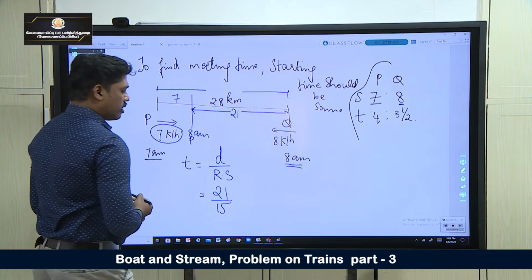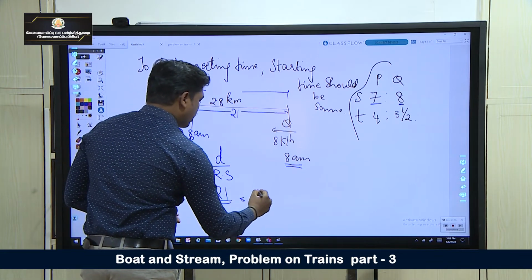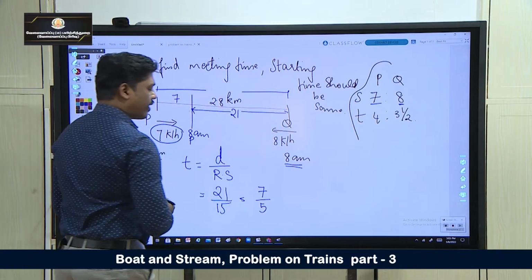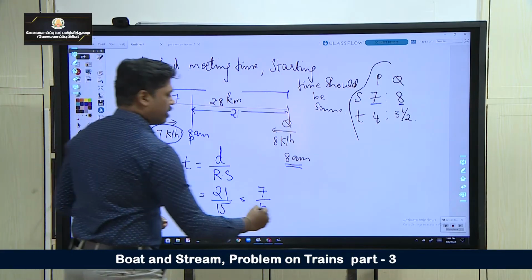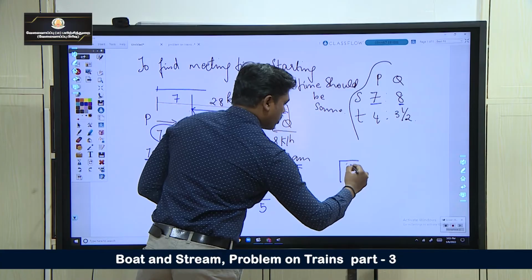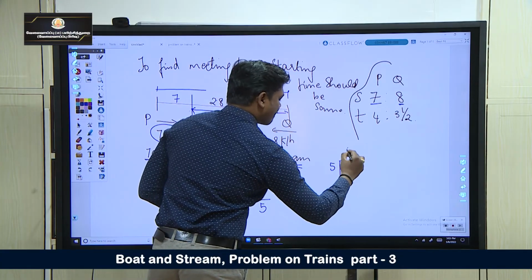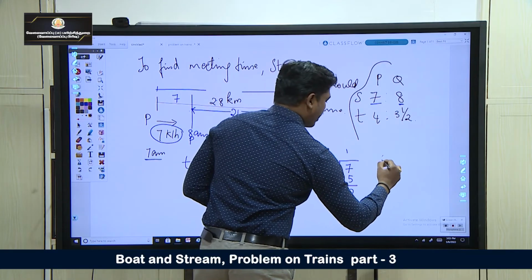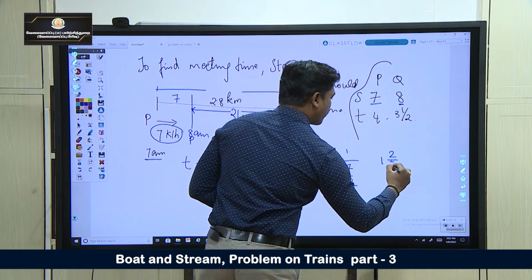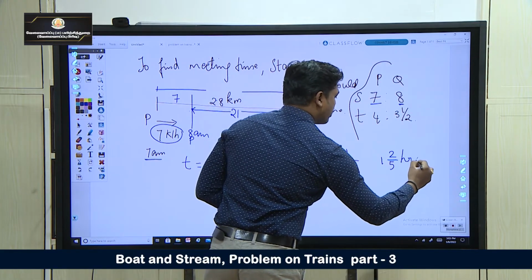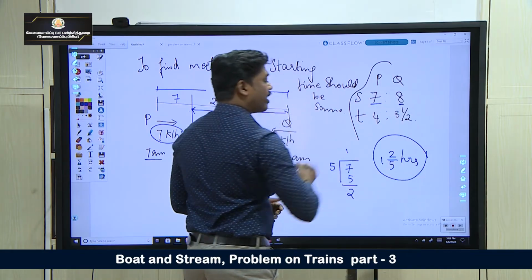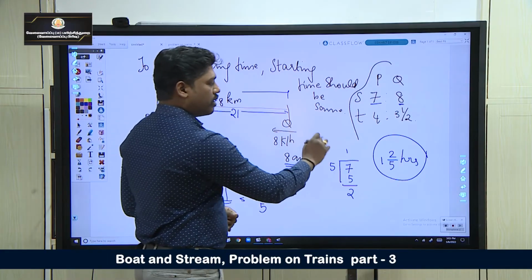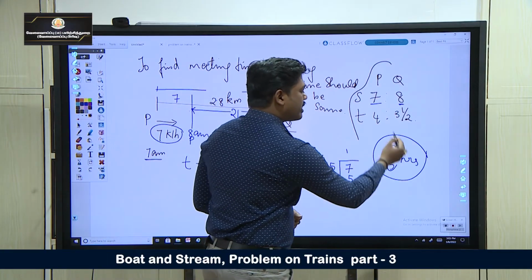Okay. So upon dividing, 3 7s are 21, 3 5s are 15. Divide 7 by 5, you will be getting 1 with remainder 2. So you will be getting 1 2/5 hours, which means after 1 2/5 hours they would be meeting. So convert 2/5 into minutes.